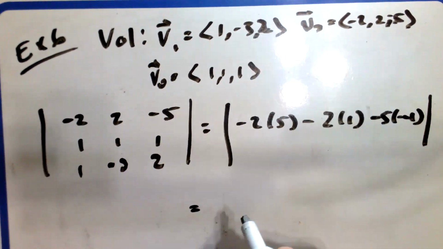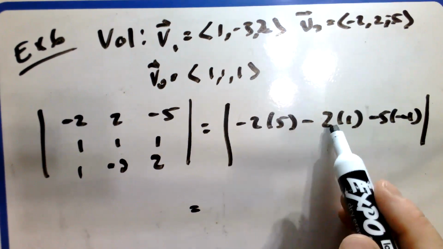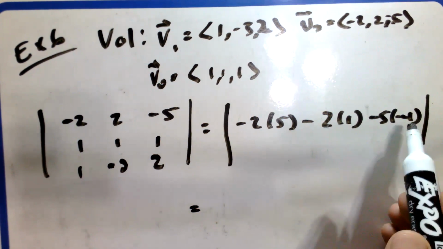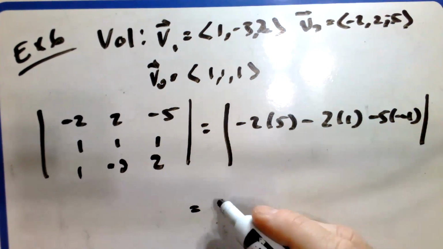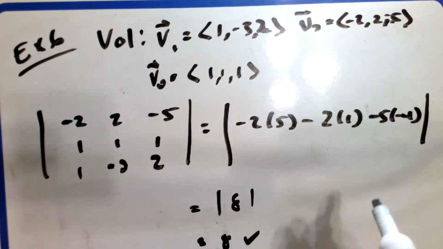Simplifying that, this is -10 minus 2, so -12, plus 20. So -12 plus 20 gives us an absolute value of 8, which is indeed 8.